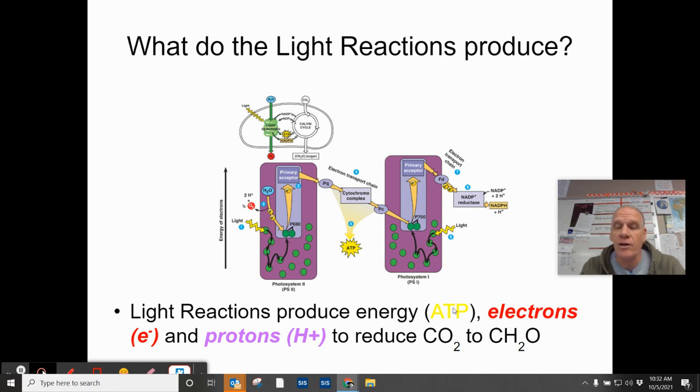We're going to use the energy of ATP, which is providing the energy to allow for rearrangement of atoms, and we're going to use the reduction power of NADPH, which is carrying those electrons, in order to reduce CO2. So that's pretty much the process right there.